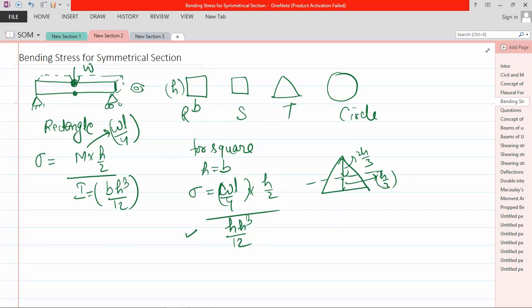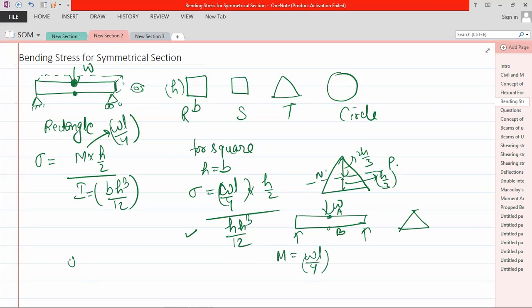Let me explain. Suppose this is your neutral plane. So this is your beam, this is your cross section, and a W load is acting. At the center I want to find at A and at B. At the center, what is the moment? W into L by 4.